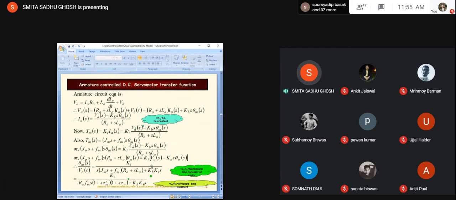So the damping term, instead of being a simple Fm, is now going to be Fm by Jm if you divide the whole thing by Jm, plus an additional term coming out of Kb Ki by Jm. So basically, there is an additional damping coming in because of the back EMF effect, right?